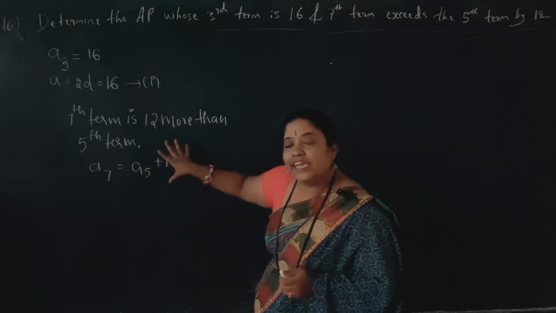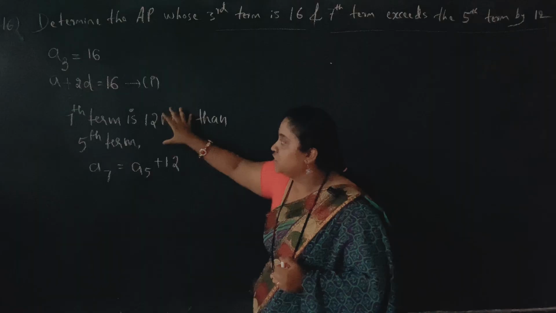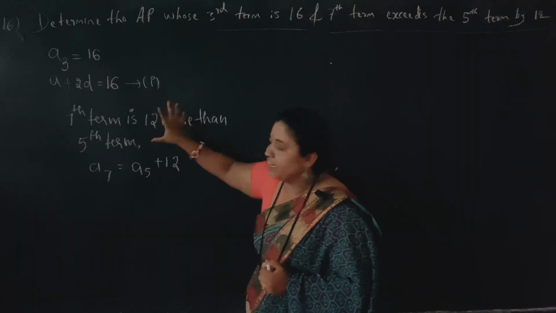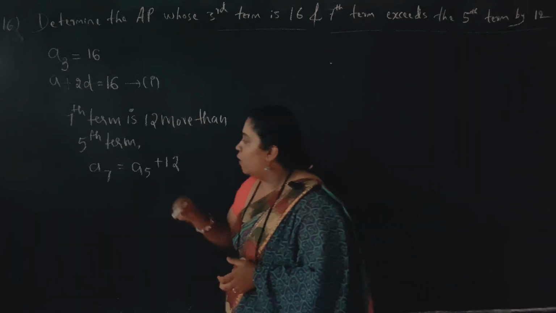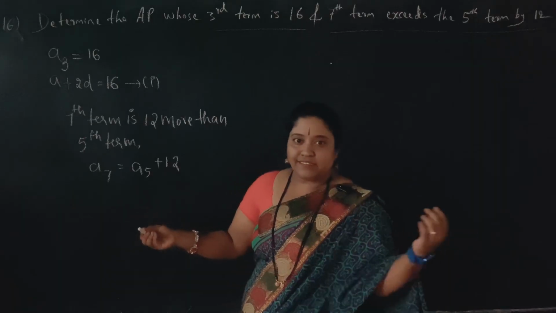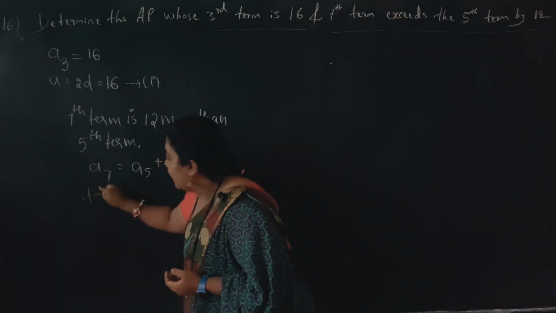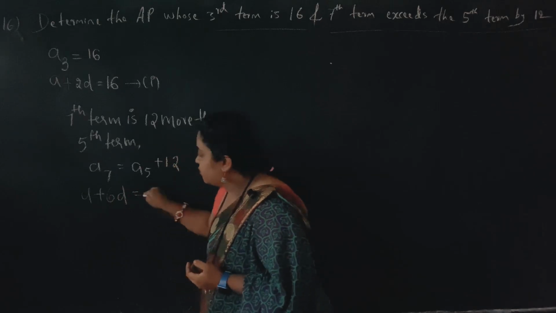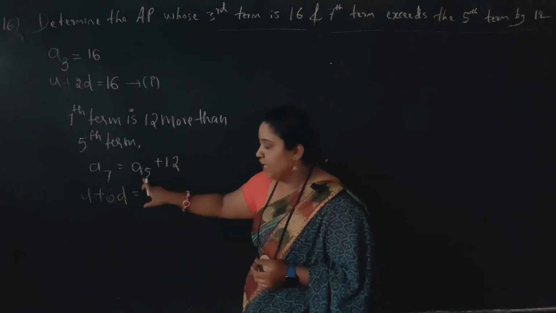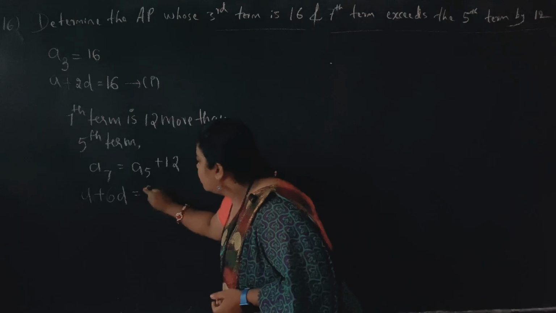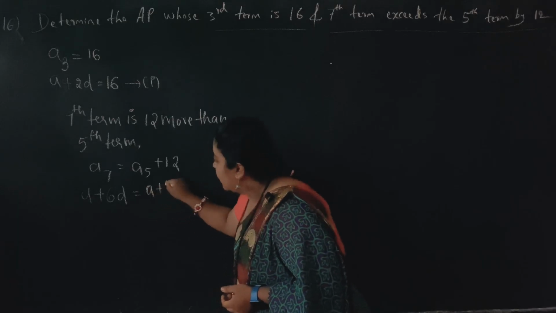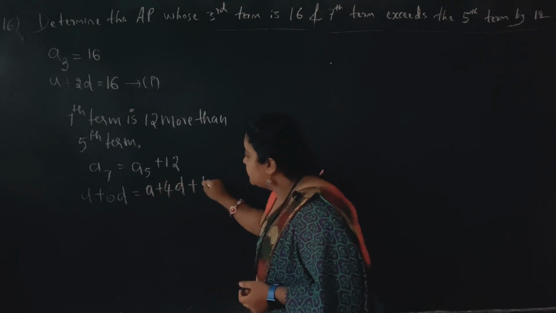This is the equation given by the statement. Now A7 can be written as A plus 6D, and A5 can be written as A plus 4D, plus 12.